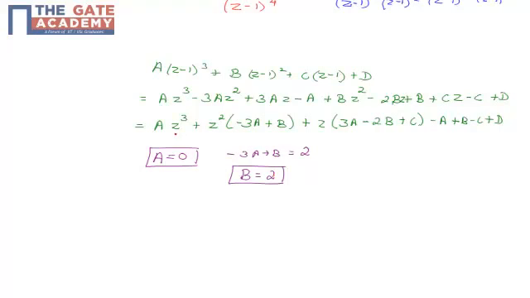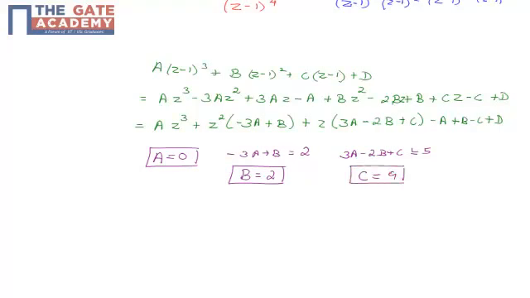Now moving further, 3a minus 2b plus c, which is the coefficient of z, has to be equal to 5. We know a is 0 and b is 2, so we get c equal to 9.